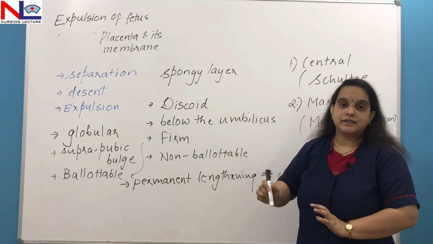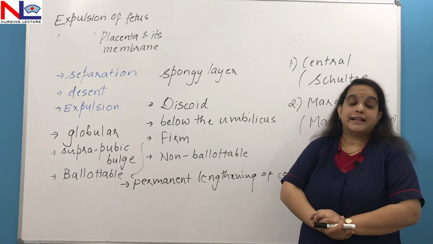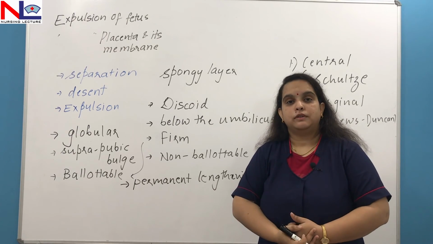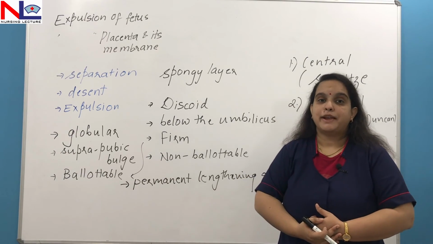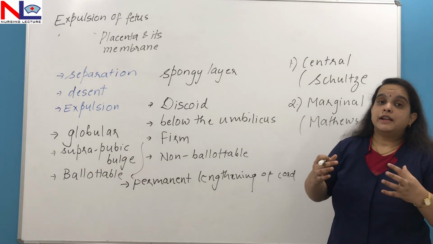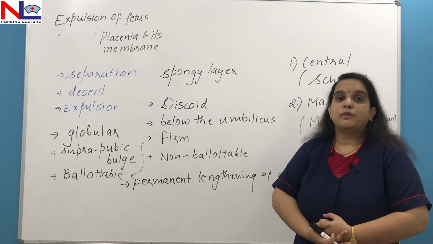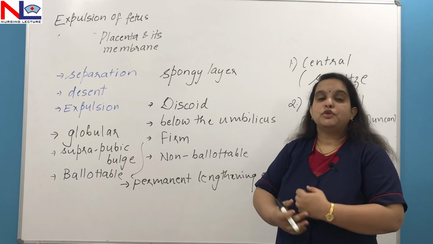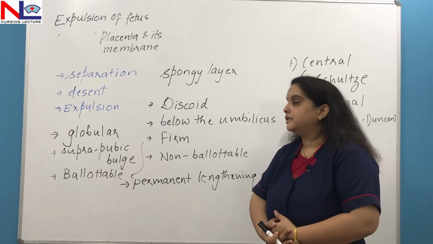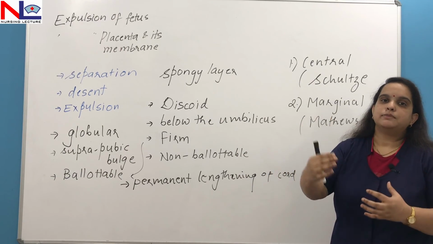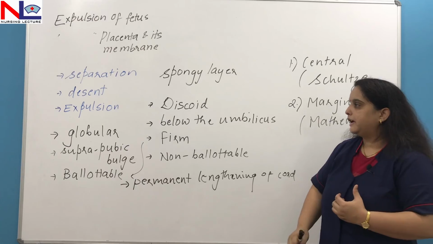How is it expelled? With voluntary contraction, the expulsive force which the woman applies, that is bearing down efforts, the woman voluntarily contracts the abdominal muscles to push down the products of conception, or by a manual procedure we can also expel the placenta and the fetal membranes, right?